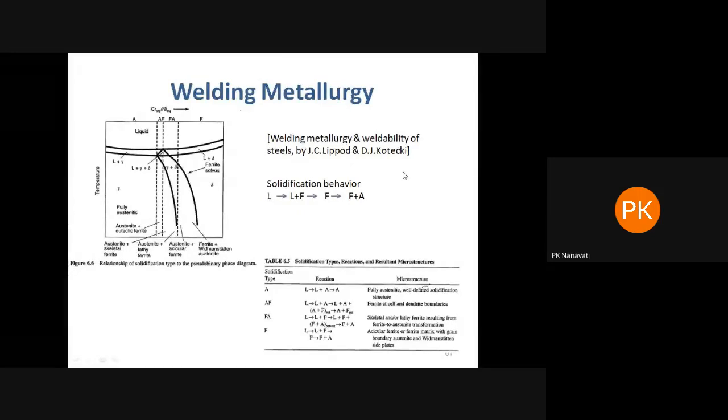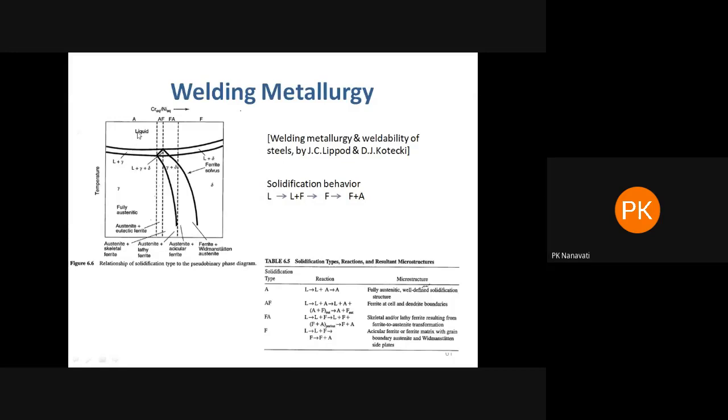Generally you see on the phase diagram, on the top everything is liquid, right? And when you move towards the left, there will be more nickel as an alloying element. When you move toward the right, there will be more chromium. So it's all about adjustment of nickel and chromium in a composition.